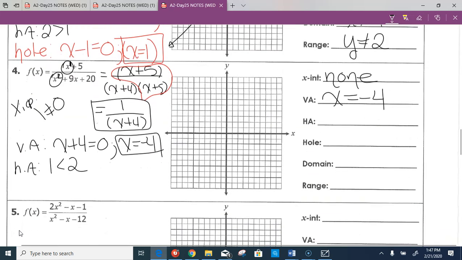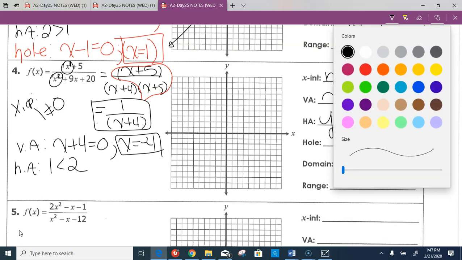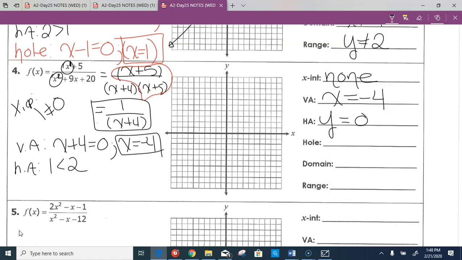So I'll go back and lock this down. y equals 0 is my asymptote, and I'll go ahead and fill in those asymptotes now. At x equals negative 4, I'll make an asymptote. At y equals 0, which is my x-axis, I have an asymptote. All right. Now, I don't know which way my graph's going to go yet.